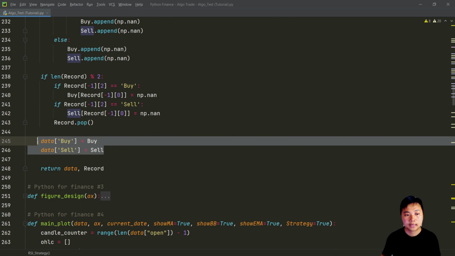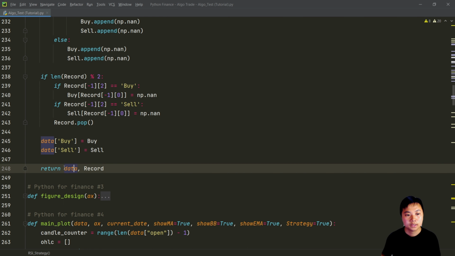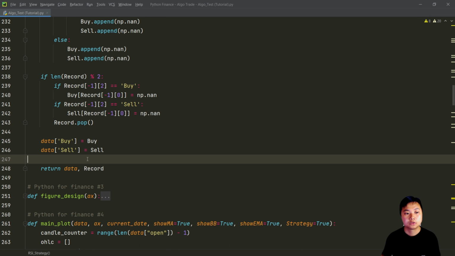And finally, just like what we did before, we put this buy list and sell list back to the original data frame and return the data frame and also the record list. For this data frame, it will allow us to visualize the trades. And this record will help us to record the trades and also calculate the daily profit as well as the total profit from these strategies.